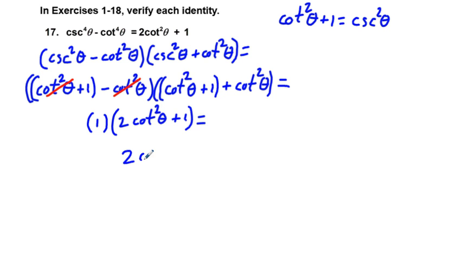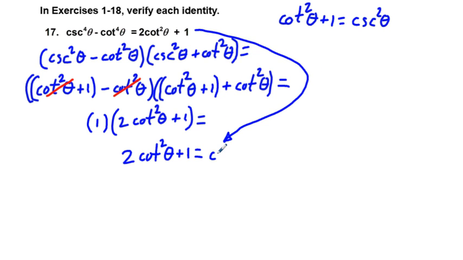We get 2 cotangent squared theta plus 1, which equals what we started out with. Check.